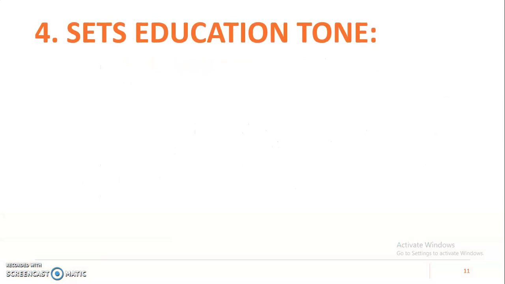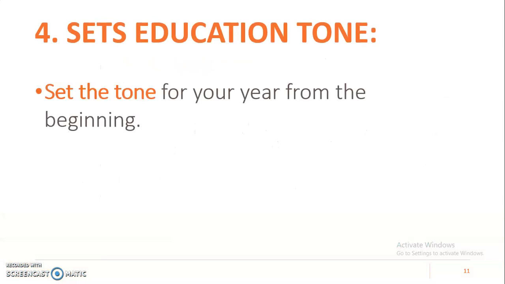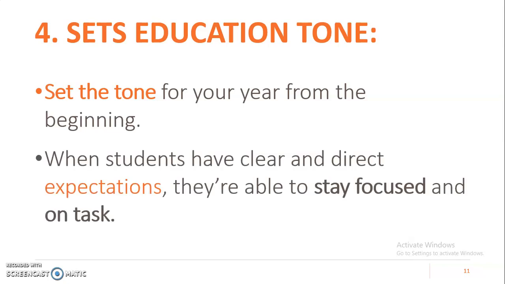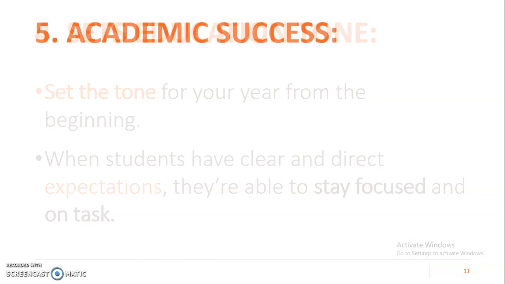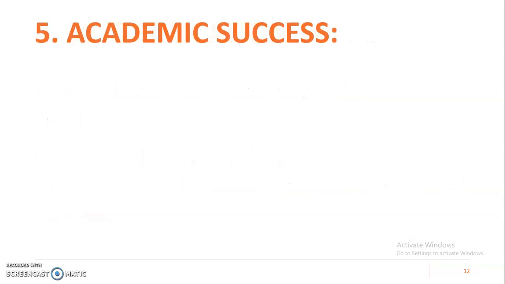Fourth, it sets the educational tone, as I said earlier, for your year or semester from the very beginning. When students have a clear and direct expectation, they are able to stay focused and on task. That is, their task is learning, as you know. Fifth, it helps to achieve academic success for your students.